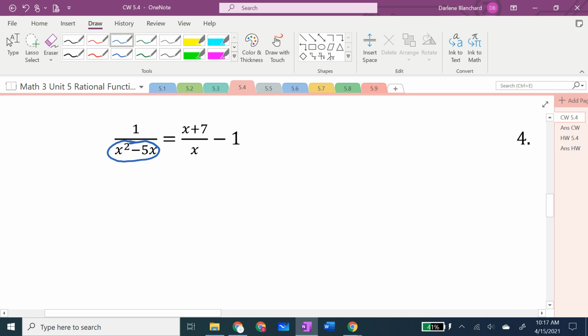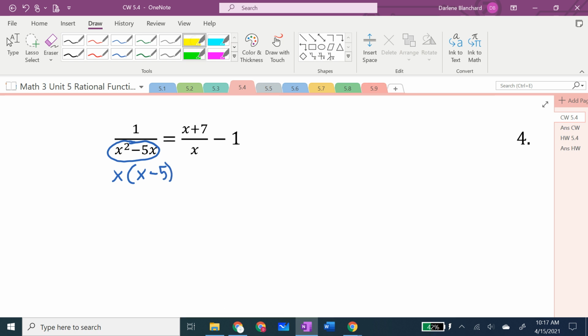Can that be factored? Can you factor x squared minus 5x? How does it factor? Yep.